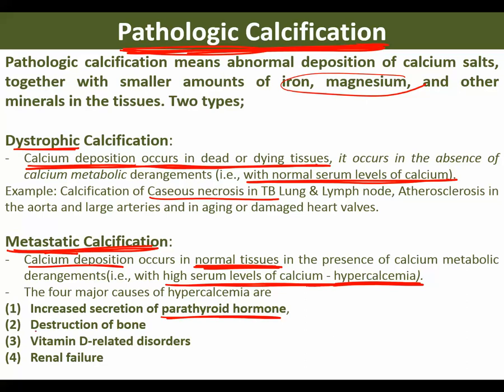If there is bone destruction, the calcium comes more. If there is a vitamin D related disorder, the calcium comes more. If the kidney goes into failure, the calcium rises in the blood. So that is called hypercalcemia. Hypercalcemia will produce metastatic calcification, which means the calcium gets deposited in the normal tissue.